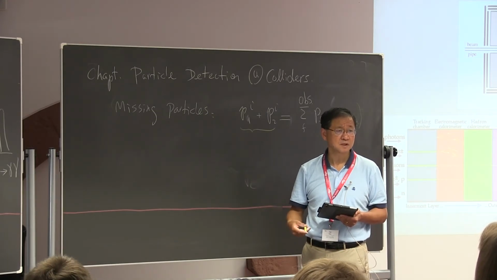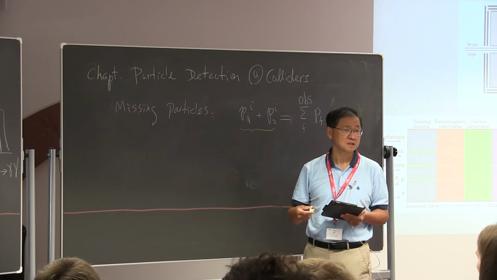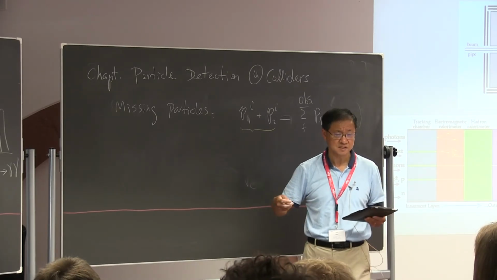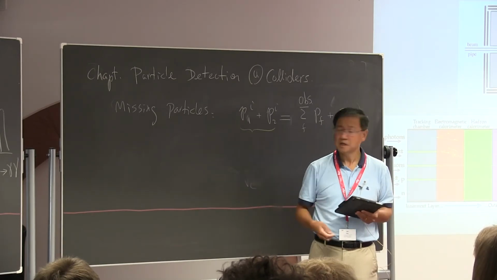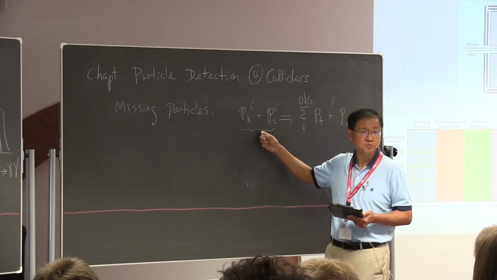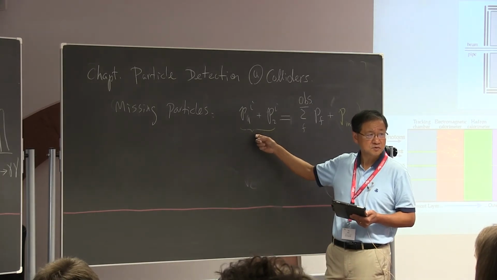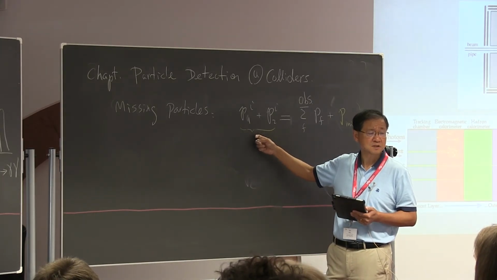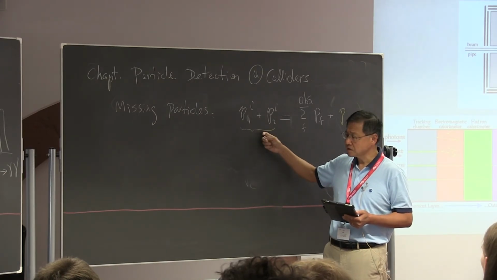These are really the direct initial state particles participating in the reaction, not the experimental setting protons, not the two protons. So it's not exactly known. It's a very broad spectrum. It depends on the so-called parton distribution functions that I will discuss towards the end for the hadron collider part.